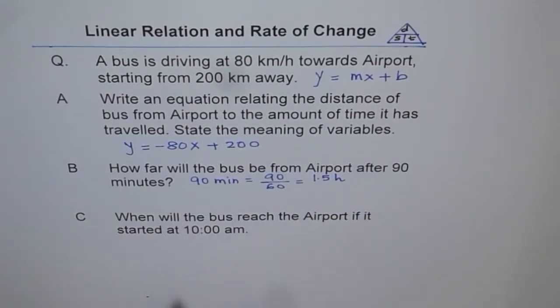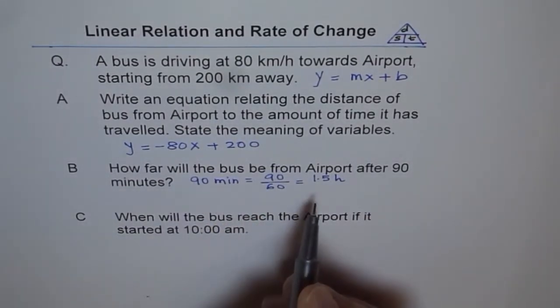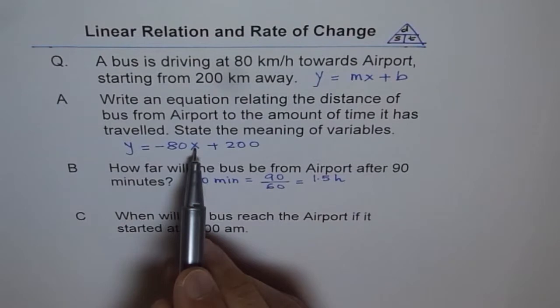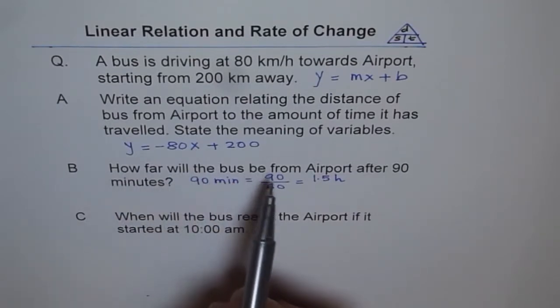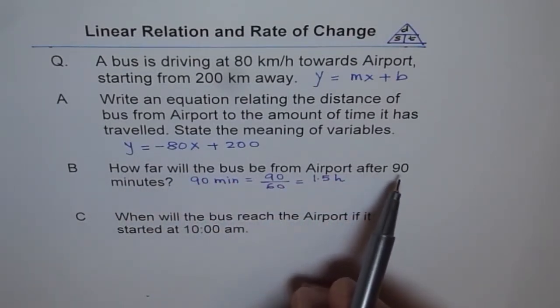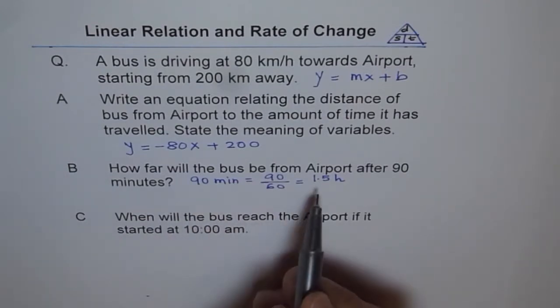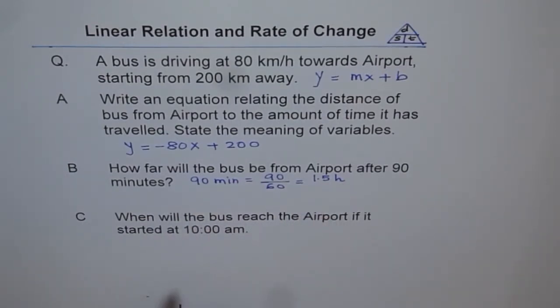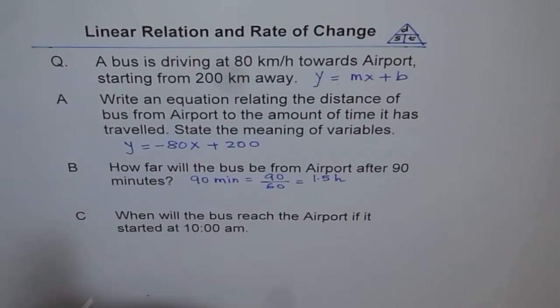So we know now time, this is the time or x value. How far will the bus be from the airport after 90 minutes? That means after 1.5 hours. So we'll plug in 1.5 for x and calculate the value, right?